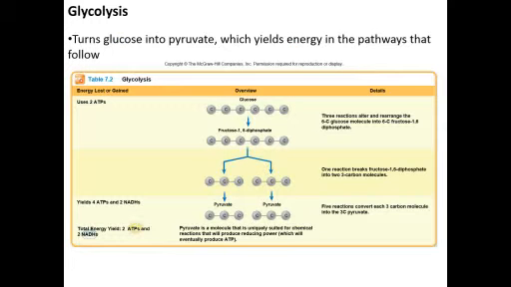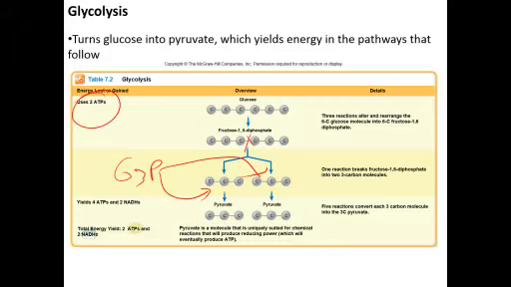Alright, so this walks you through a more simplified model of the process of glycolysis. You have your glucose converted into fructose 1,6-bisphosphate, so this is where you've invested your 2 ATP. Here you have your G3P molecule, here and here, from the splitting.